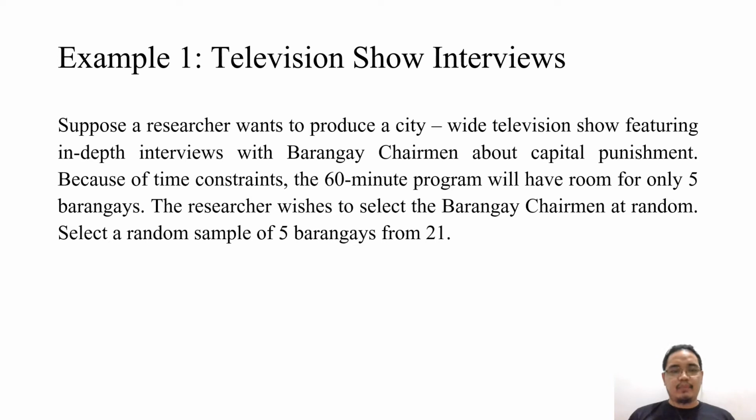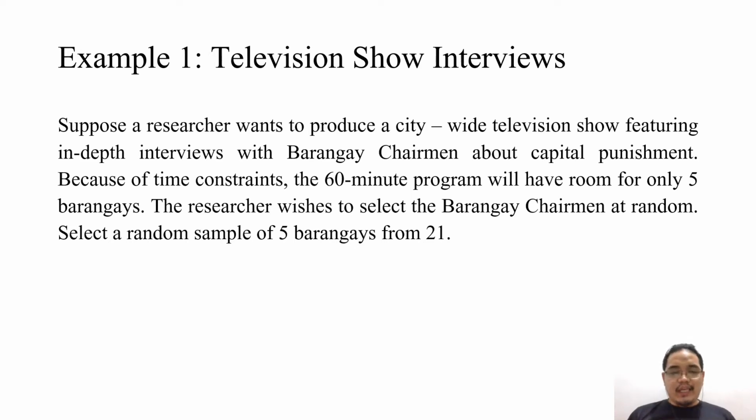Yan. So, for example, suppose a researcher wants to produce a citywide television show featuring in-depth interviews with barangay chairmen about capital punishment. So, because of time constraints, the 60-minute program will have room for only 5 barangays. The researcher wishes to select the barangay chairman at random.